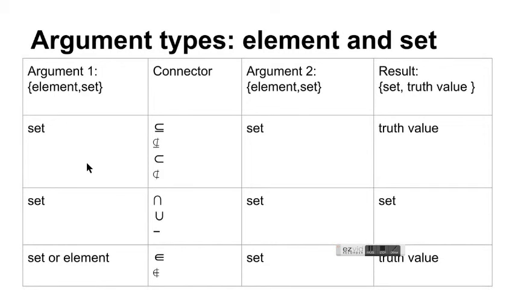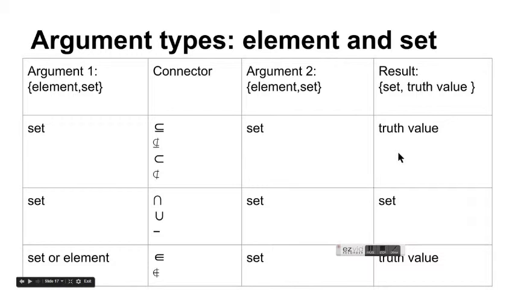Okay. We can have a summary here. I'll say these symbols will be connectors of two things. The first one will be argument 1. The second one will be argument 2. If we have this set of connectors, their arguments have to be sets as well, and the result would be a truth value.